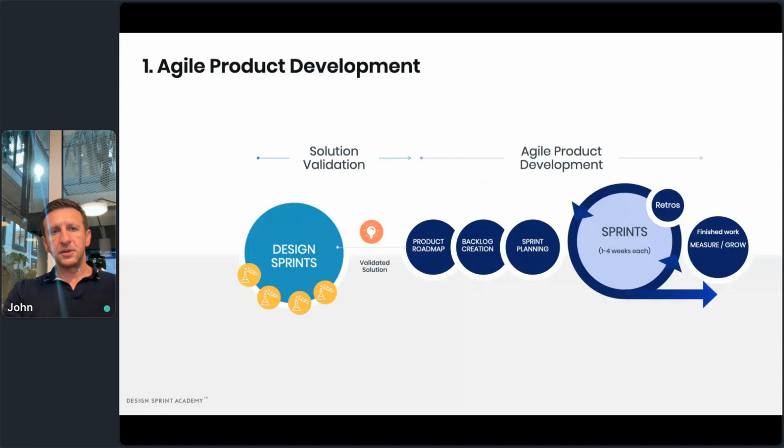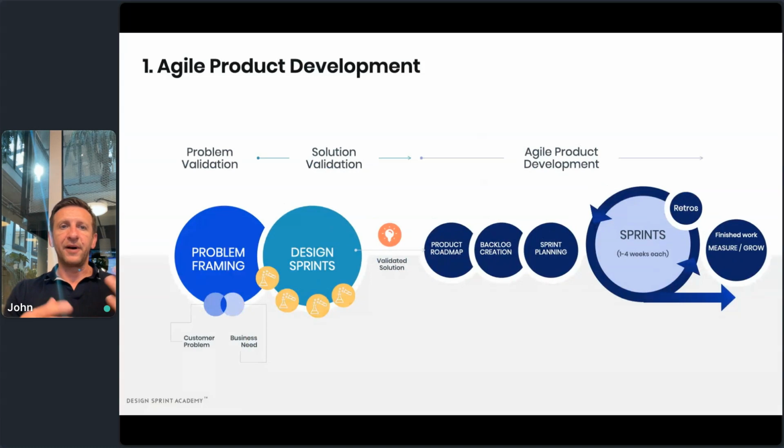So with design sprints, what you can do is validate solutions before you send them to this very expensive build process. And to make it even better, with problem framing, you can validate those problems before you validate the solutions with design sprint. So it's like a gradual de-risking of the process, and you're involving the right people at the right moment, right?